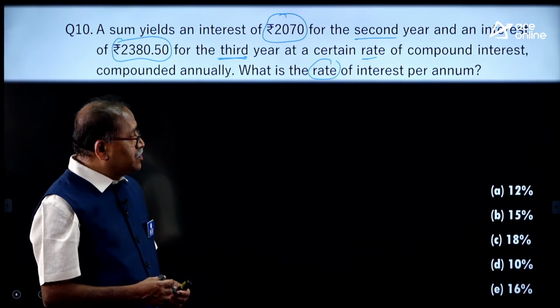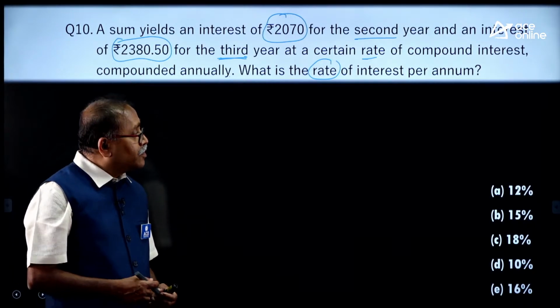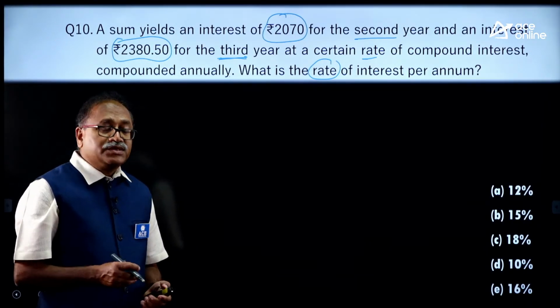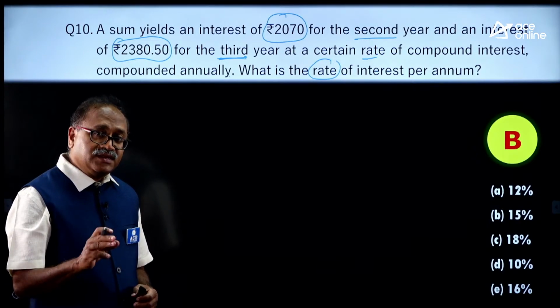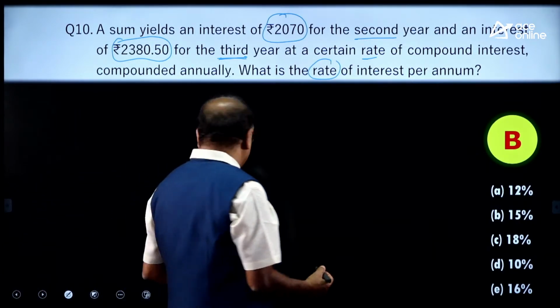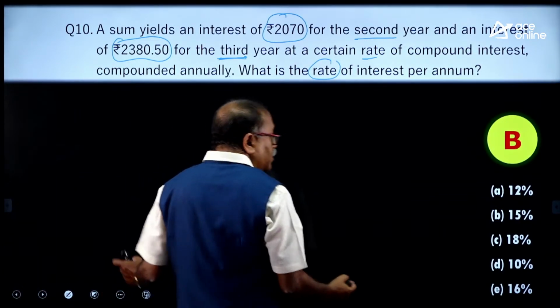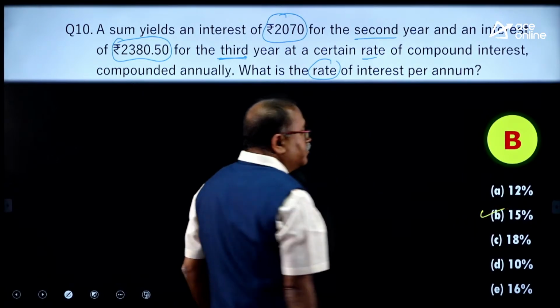Your time is going to be over. Now, let us check your answer. Option B, if your answer is right. So, what is option B? 15%.